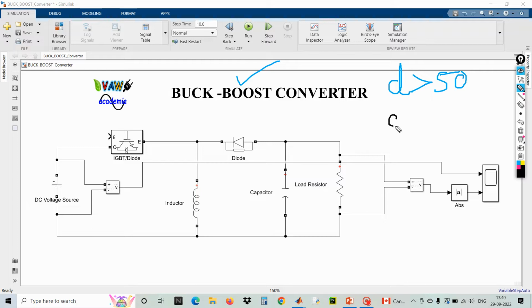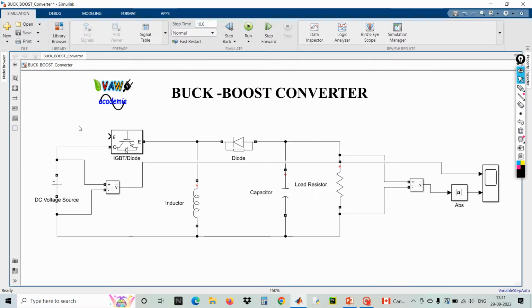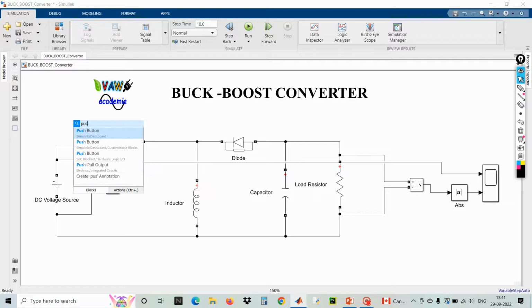If the duty value is lesser than 50 percentage, then it will work in buck mode. Okay, keep it in mind. If the duty value is greater than 50 percentage, this circuit will work in boost mode, whereas if the duty value is lesser than 50 percentage, it will work in buck mode. Let us see how to do that. Here I am going to use a pulse generator.